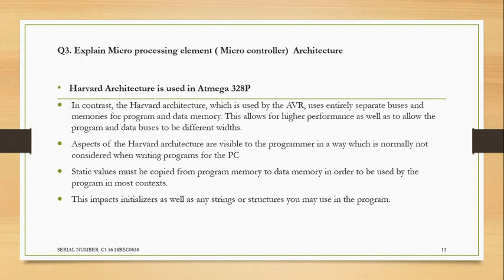Aspects of the Harvard architecture are visible to the programmer in a way which is normally not considered when writing programs for personal computers. Static values must be copied from program memory to data memory in order to be used by the program in context. This impacts initializers as well as any strings or structures you may use in the program.